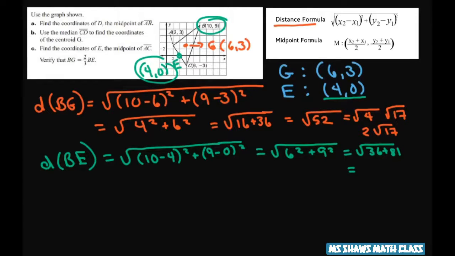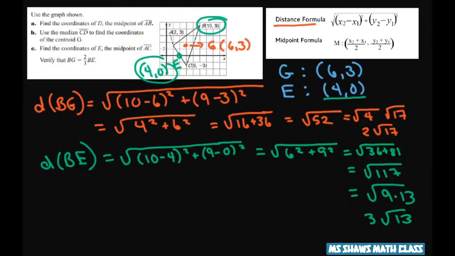And 36 plus 81 is 117. And let's see if we can break that down. We can break this down by 9 times 13, which is 3 square root of 13.